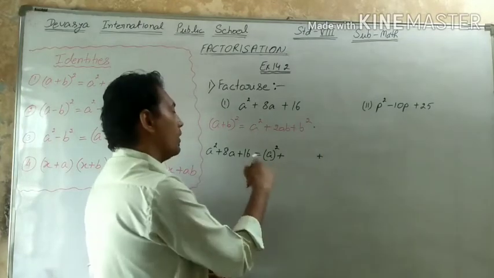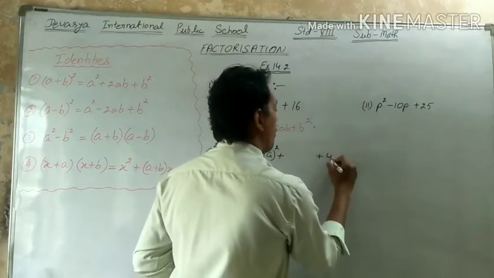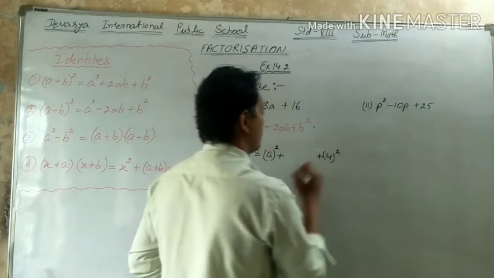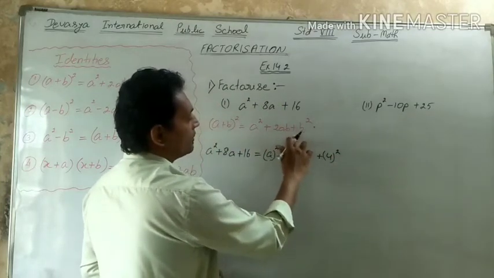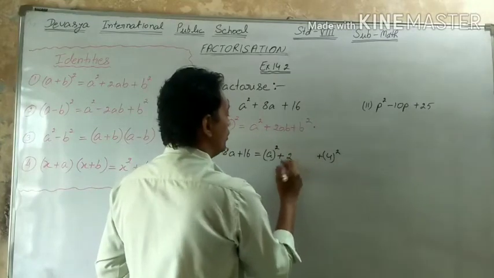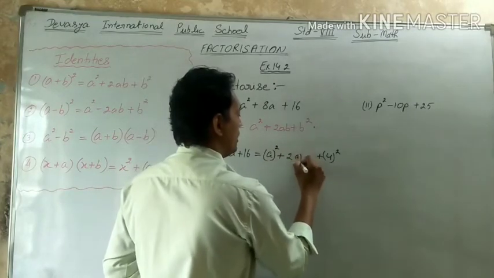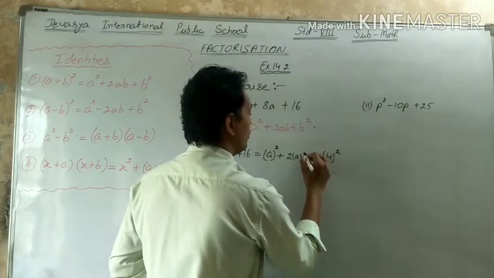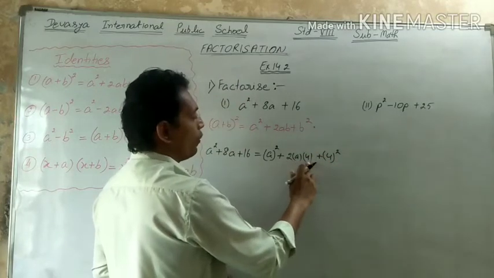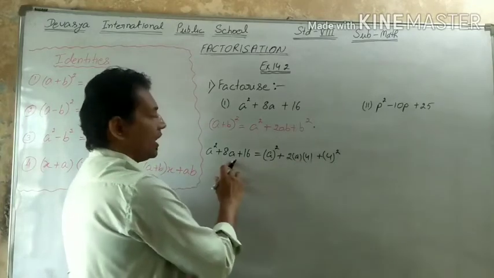This is 16, we can write 16 as 4 square. And the middle term we can write as 2ab in this format. So 2 into a is 2a and b is 4. When you multiply 2 into a into 4, you already get 8a.